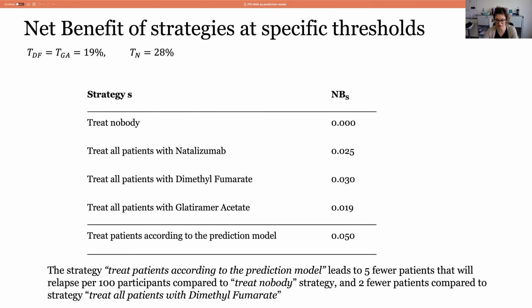And if I multiply them by 100, we can interpret them as follows: the strategy treat according to the prediction model leads to 5 fewer patients that will relapse per 100 participants compared to treat nobody, and 2 fewer participants compared to the strategy treat everyone with dimethyl fumarate. So by subtracting 0.03 from 0.05 multiplied by 100.